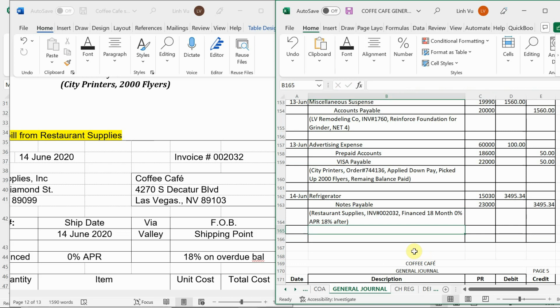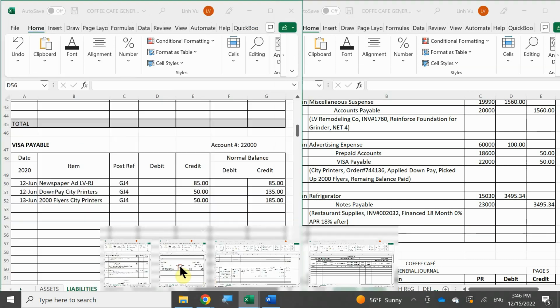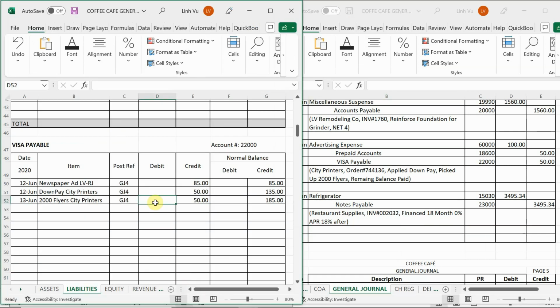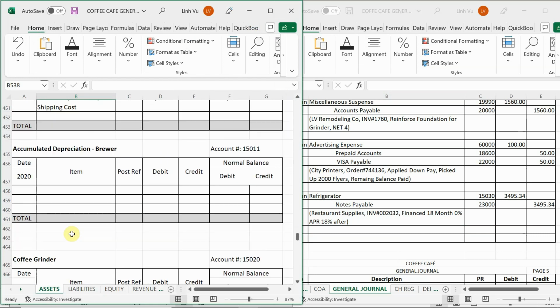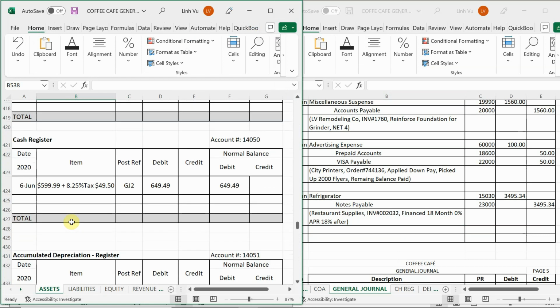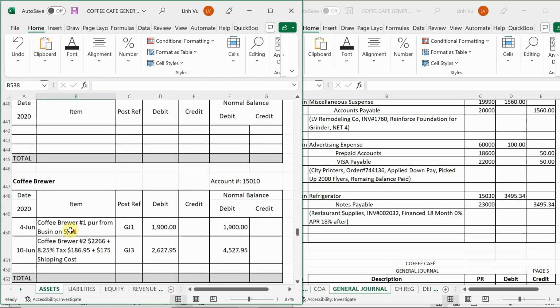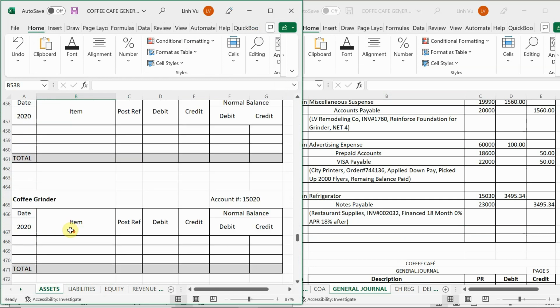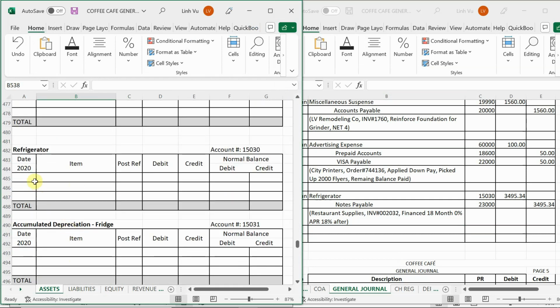Okay, good. So you can go ahead and plug this into your ledger. Because I now have purchased a refrigerator. Okay. The big ticket item. There you go.